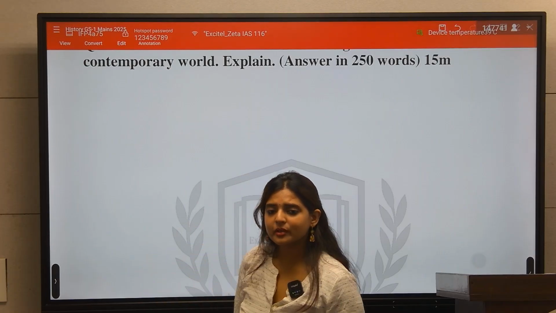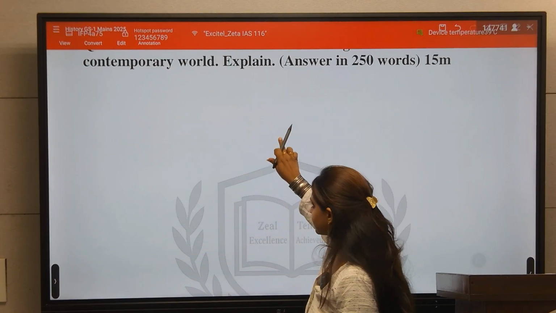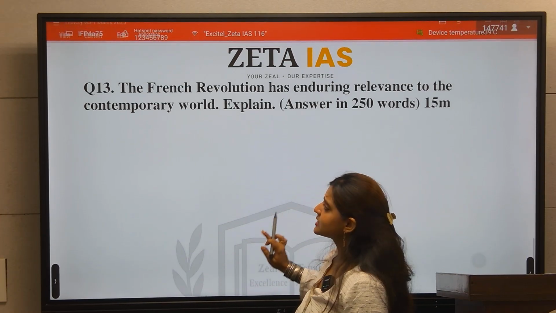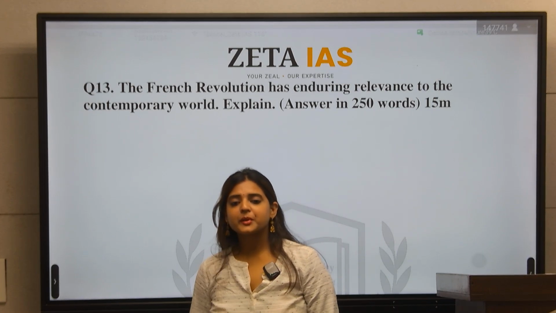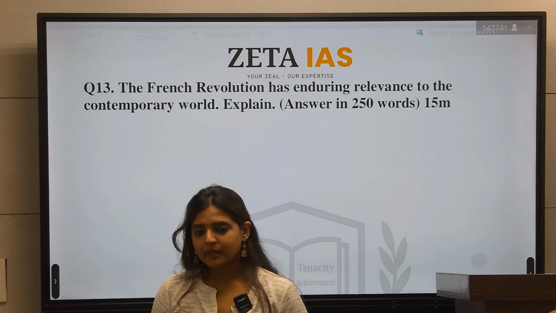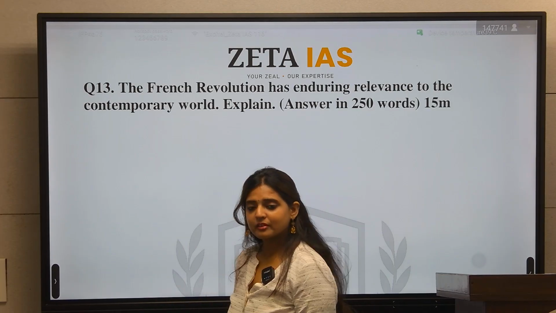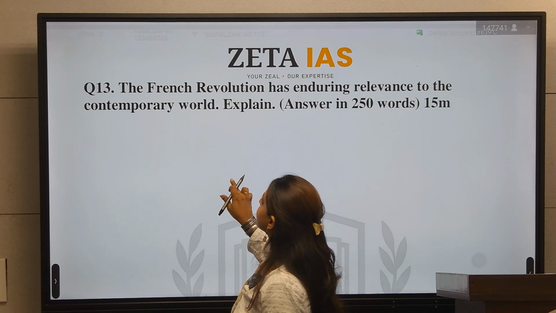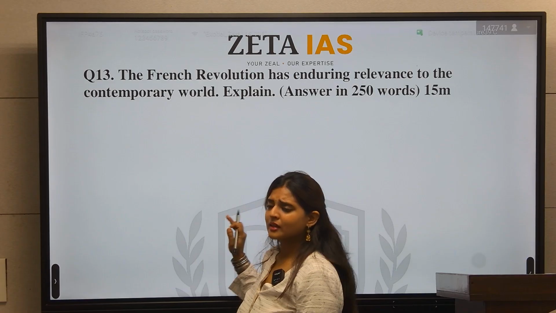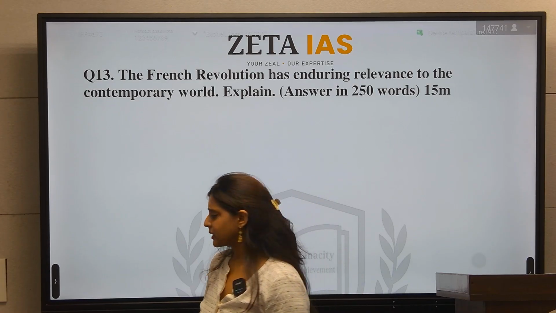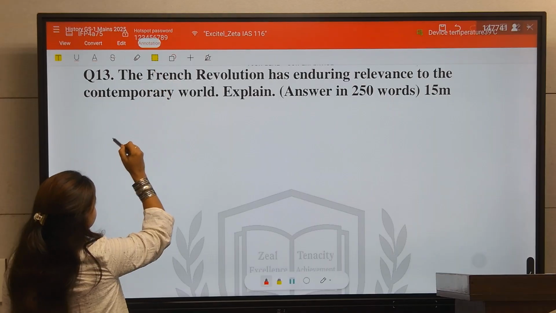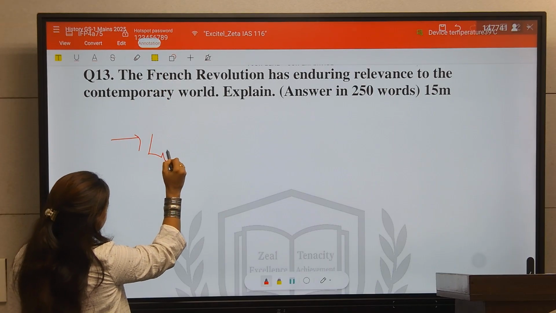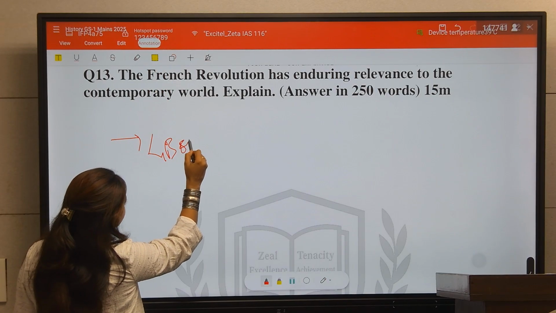So first you will write what the French Revolution is, what the protest was all about, the abolition of feudalism, the establishment of social governance, the universal franchise. You will write about all these things about the French Revolution, all the principles of liberty, equality, fraternity.